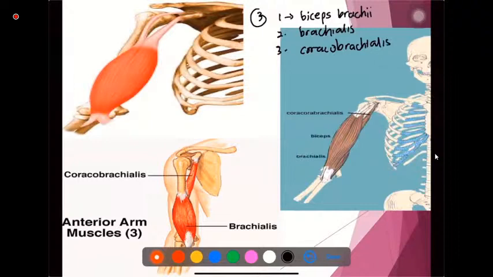So where are all these muscles located? For biceps brachii, you can see this big muscle here. It's the most superficial muscle of the anterior compartment of the arm. Brachii means arm, and biceps means two heads.